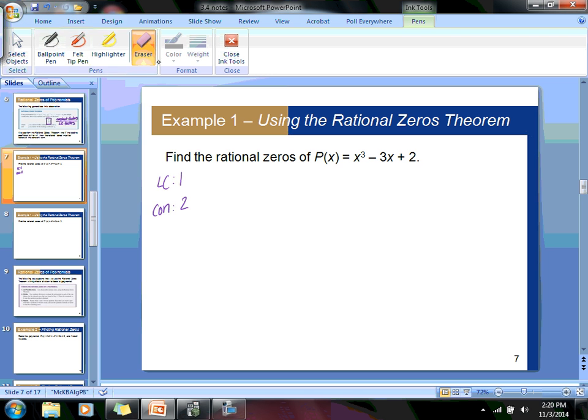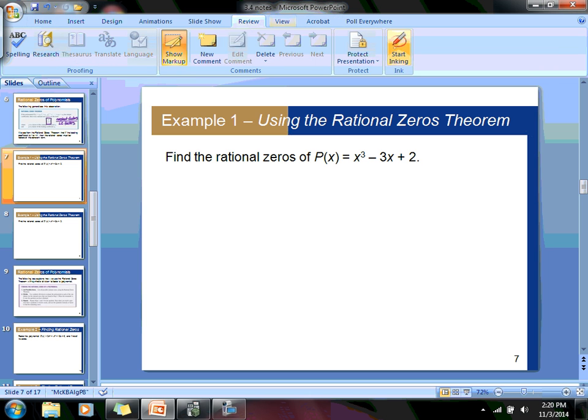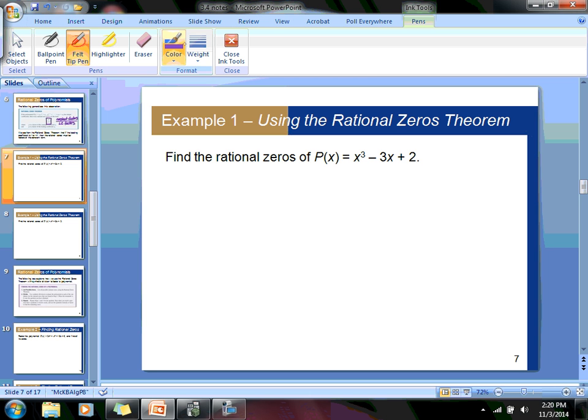Actually, I probably should have written them in reverse order, because that's the order that we're going to actually use them. Okay, so we'll have our constant term is 2, and then our leading coefficient is 1. Okay, so that's the order that I'm going to divide them in. So it's kind of like the last term and then the first term.